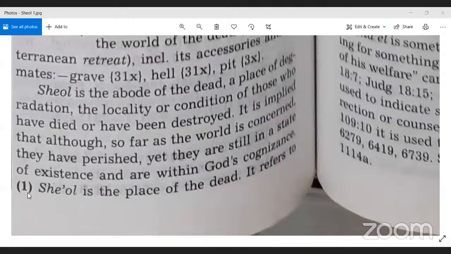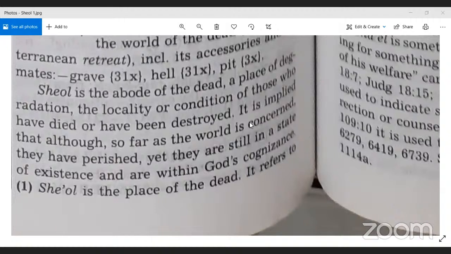Okay. One, Sheol is the place of the dead. It refers to. I have another question or statement. You all see it says it is implied that although so far as the world is concerned, they have perished, yet they are still in a state of existence and are within the Most High's cognizance.